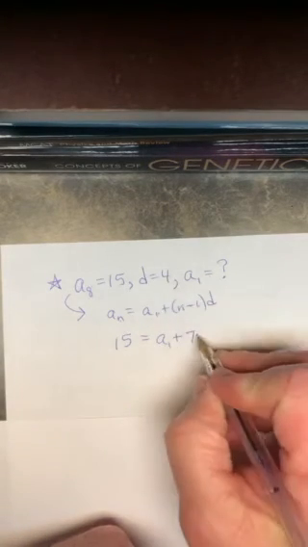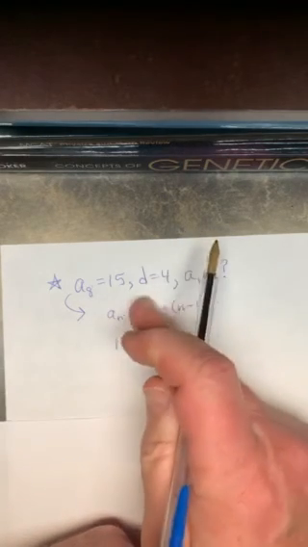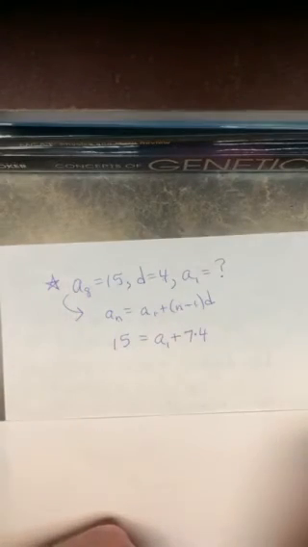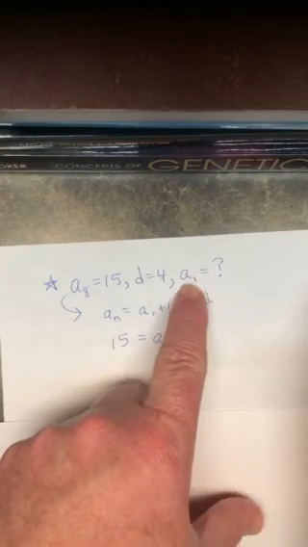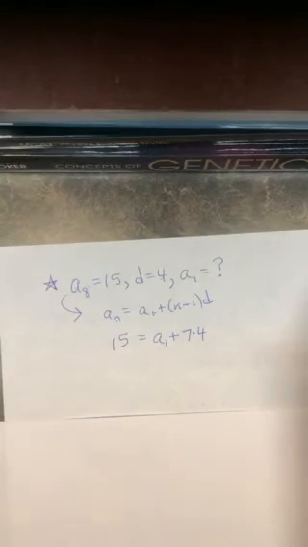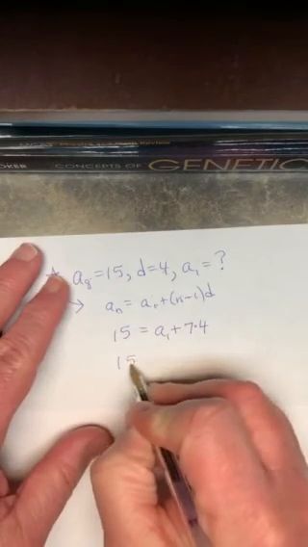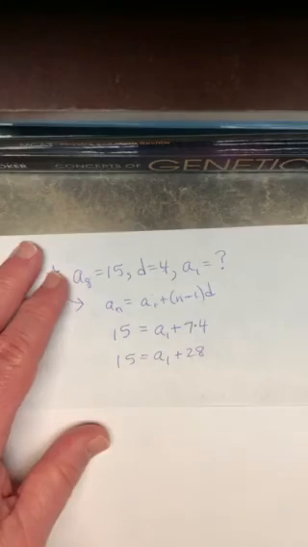Now note, since that difference is a positive number, the numbers are getting bigger and bigger, so it's in ascending order, isn't it? So our common sense tells us that the first number's got to be smaller than 15. So guys, we've got 15 equals a sub 1 plus, what is that, 28?